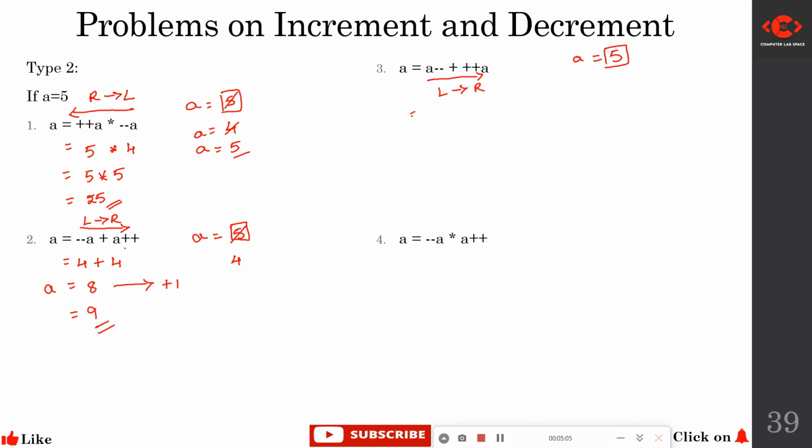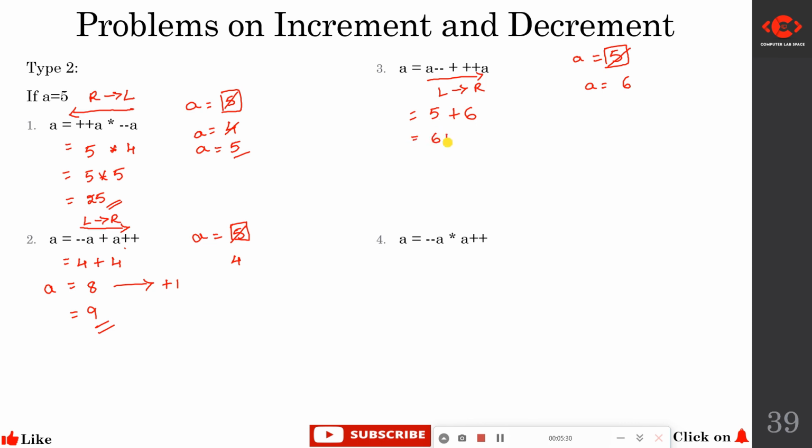Since it is post decrement, we are going to assign the value first, so no change. 5 is going to be assigned, and it is pre-increment. Since it is pre-increment, the value is going to be increased by 1, and that is 6. The value of a has been changed to 6, and it is going to affect this as well.